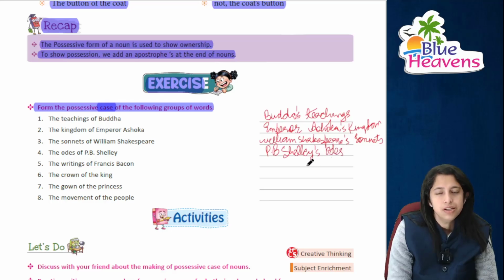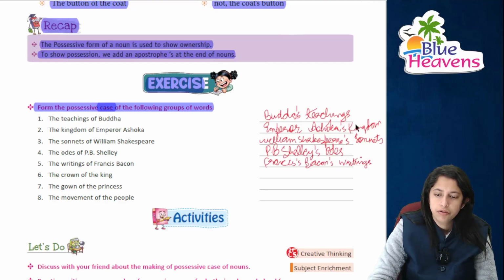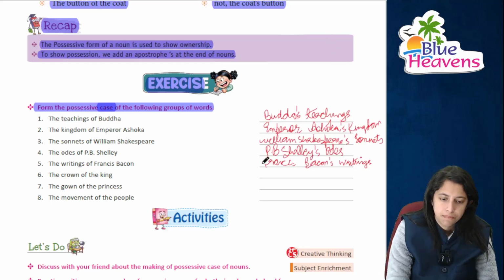Odes are short poems. The writings of Francis Bacon, Francis Bacon's writings. Just delete this apostrophe from here, right? The crown of the king, king's crown.